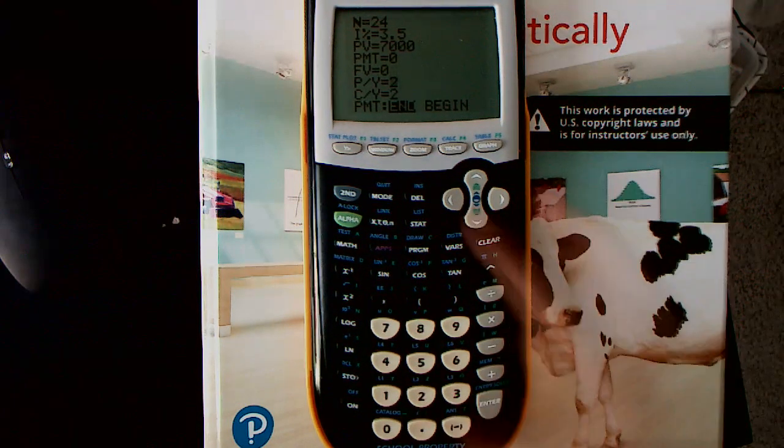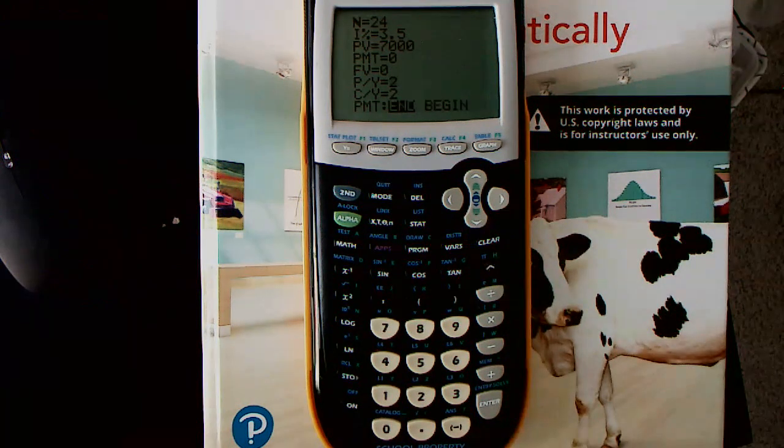And can anyone tell me, how do we enter this item? P per Y and C per Y. By the way, the interest is compounded monthly. Should we keep the 2 or change the 2 to another number? The interest is compounded monthly, 12 times a year.